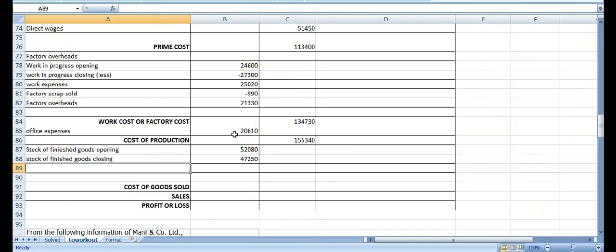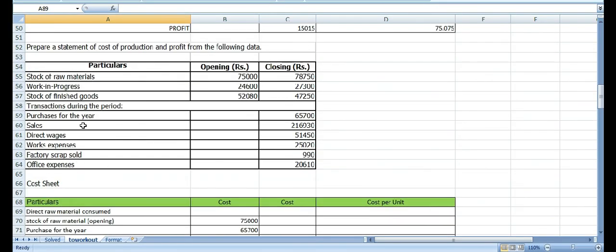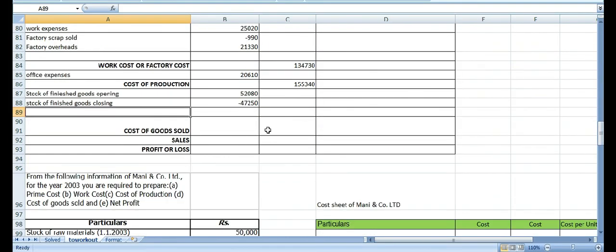It should be a negative value, so we have to mention it as negative. Okay. Next we have to understand whether any selling and distribution expense is given. In this case they have not mentioned any selling and distribution expenses. So cost of goods sold is cost of production plus opening minus closing finished goods.